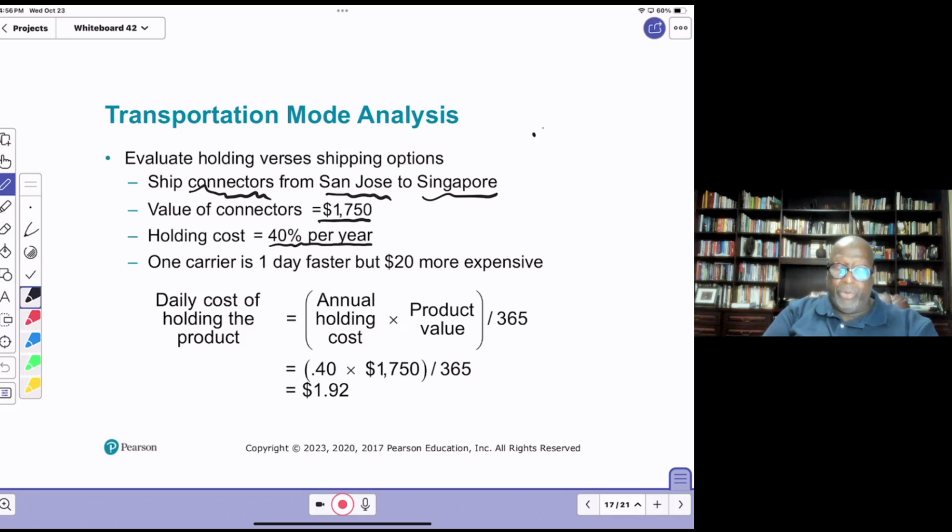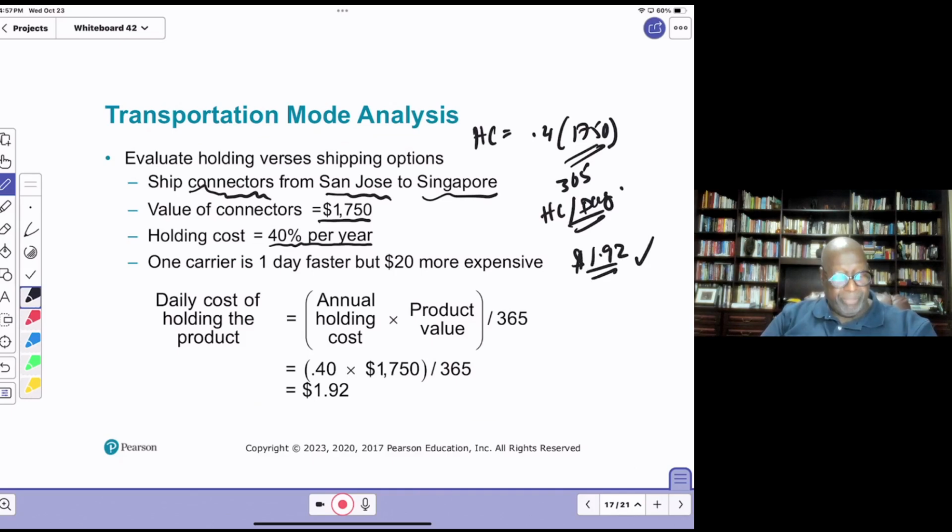So 0.4 times 1750 is the holding cost. All right. Now remember, that's holding cost per year. So you could actually compute a holding cost per day if you wanted to. So if I divided that by 365, I would get a holding cost per day. Well, what's the holding cost per day for this? It's going to cost me $1.92 to hold that item per day.